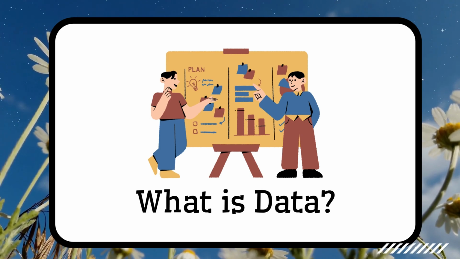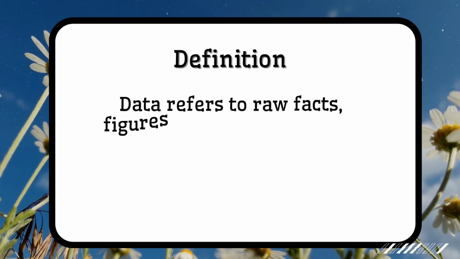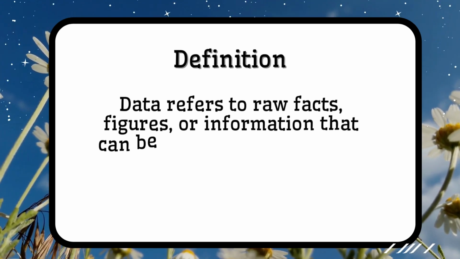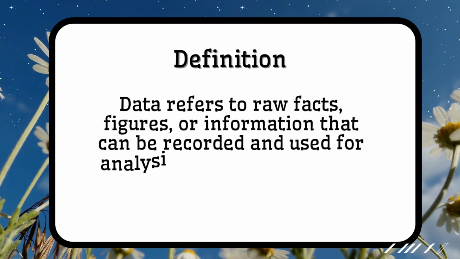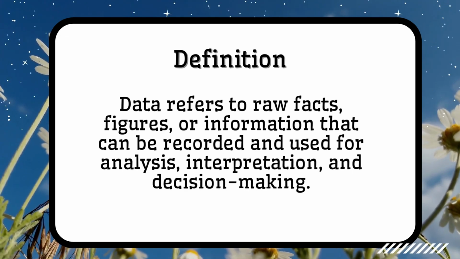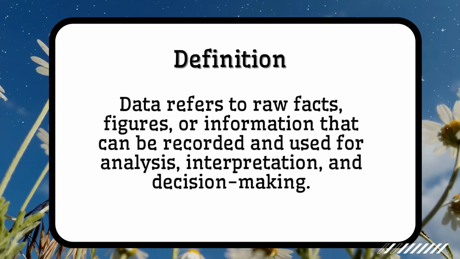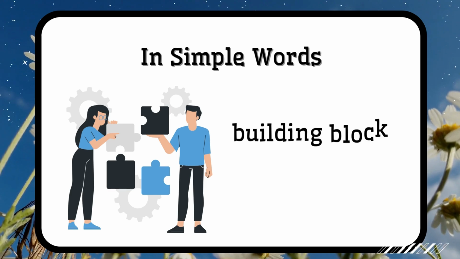What is data? If we look at the definition, it says data refers to raw facts, figures, or information that can be recorded and used for analysis, interpretation, and decision making. In simple words, think of data as building blocks of information.